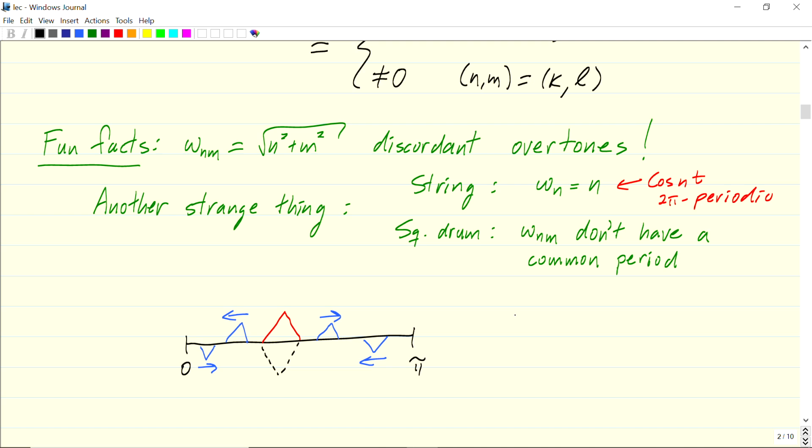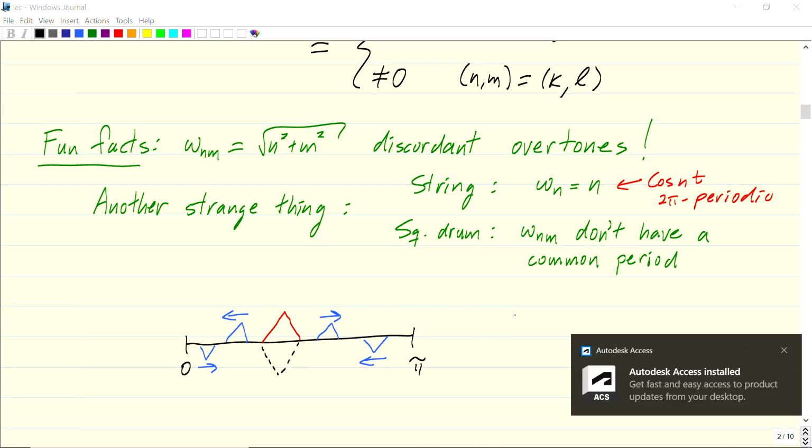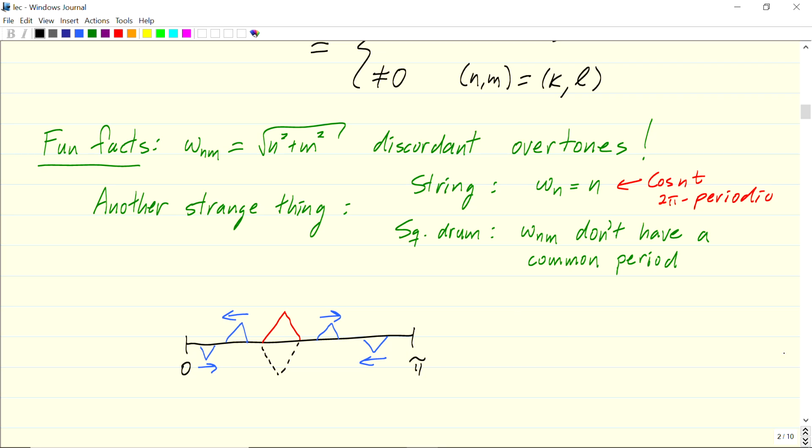So that's an interesting thing about the one-dimensional wave equation, that all those overtones are 2 pi periodic. So the thing is going to repeat. Okay, so the initial shape gets repeated.